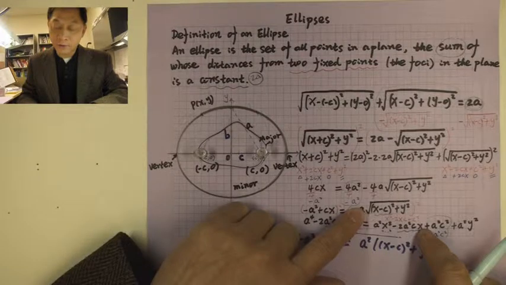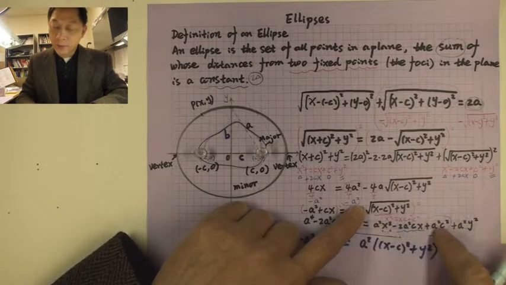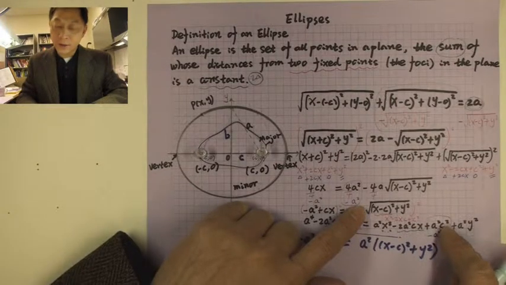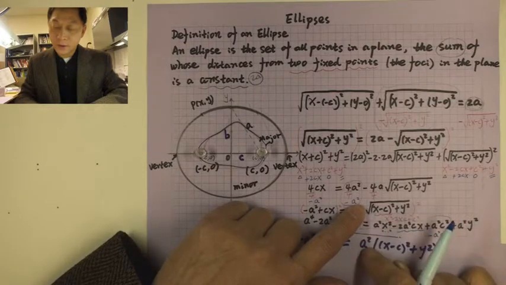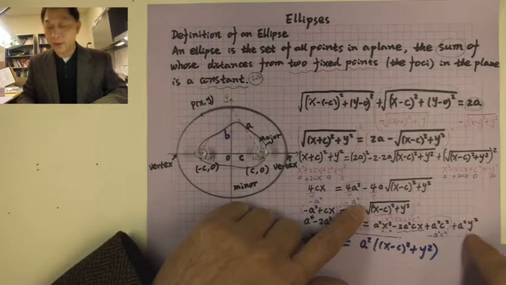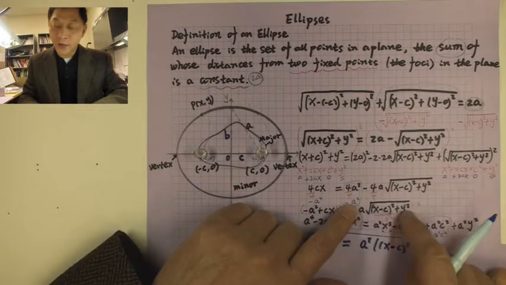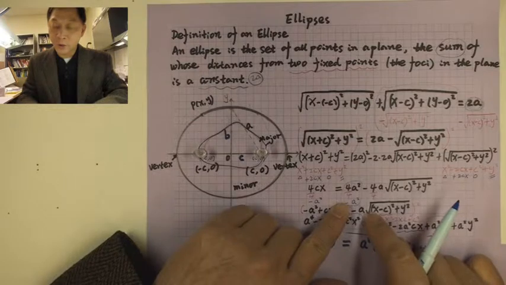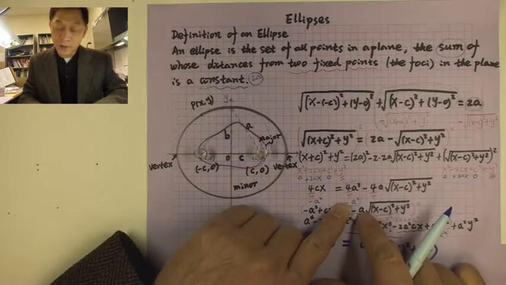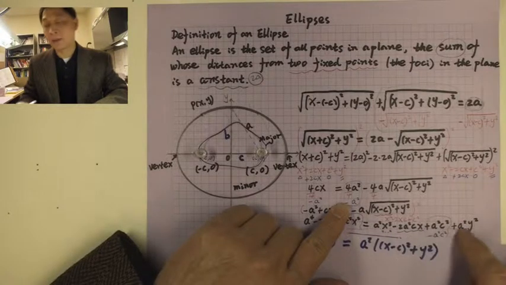And a squared times c squared, so you have a squared c squared. And then a squared times y squared, you have a squared y squared. Again, you choose to square on both sides, the square root disappeared. This negative a is going to be a squared, so that's why a squared appears everywhere.